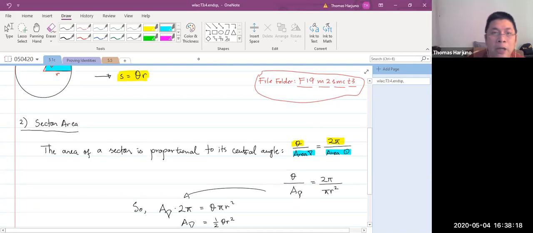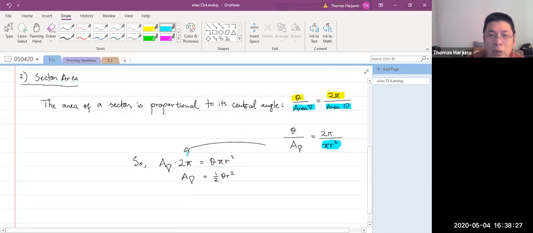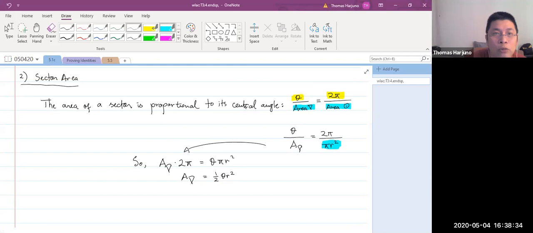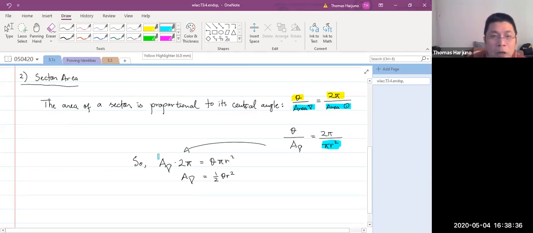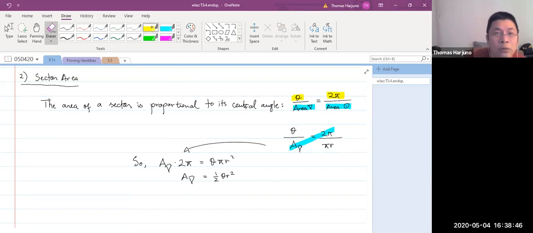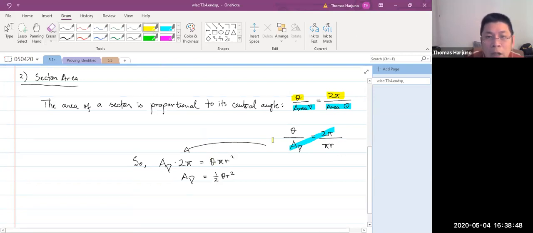Now the area of the circle is pi r squared. We get the area of the sector times 2 pi. I do cross multiply. The area of the sector times 2 pi is equal to angle theta times pi r squared.